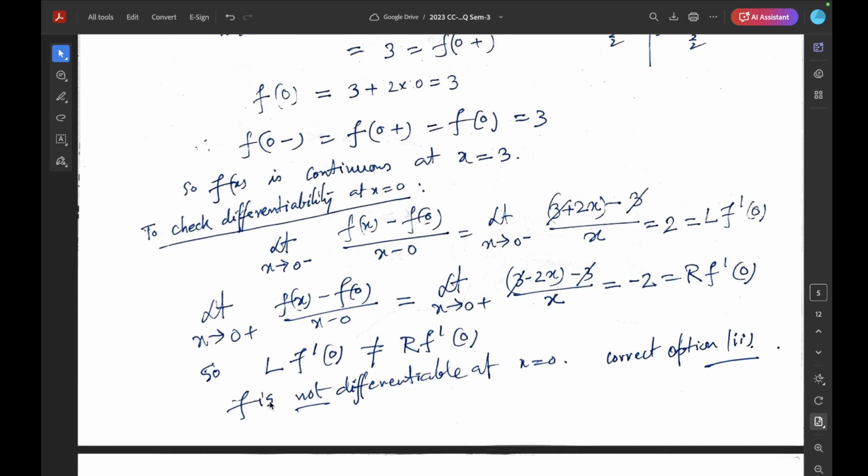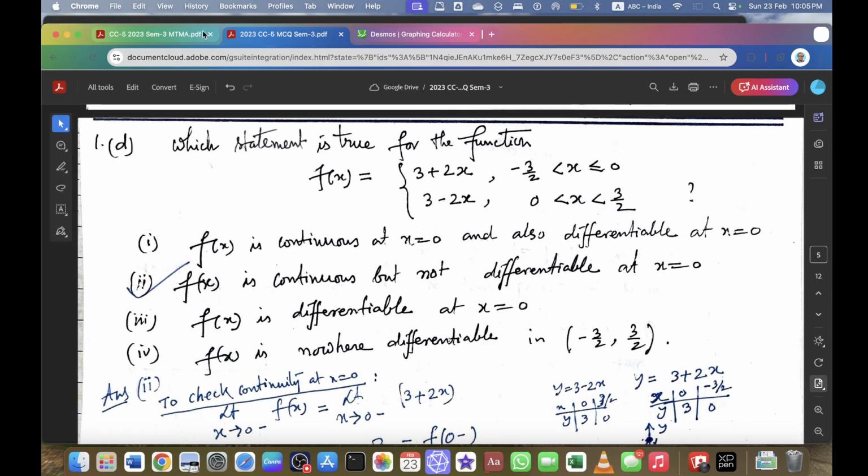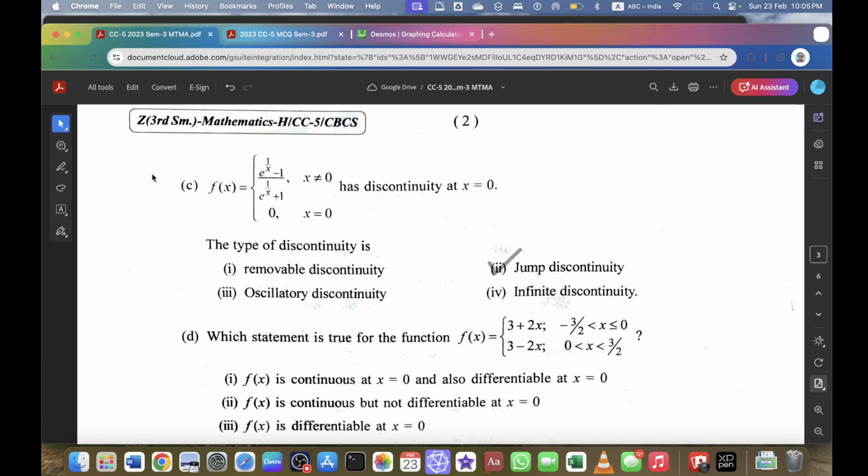So they are not equal, so f is not differentiable at x equal to 0. So correct option is 2: f is continuous at the point 0 but not differentiable at x equal to 0.